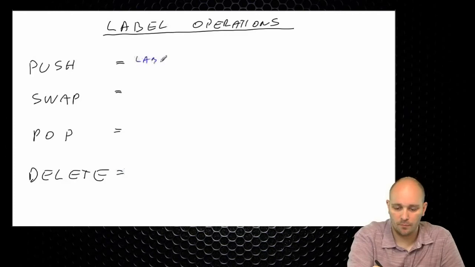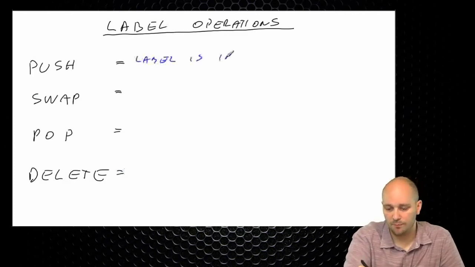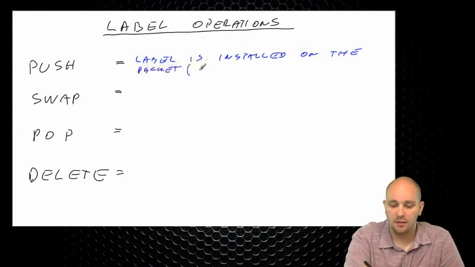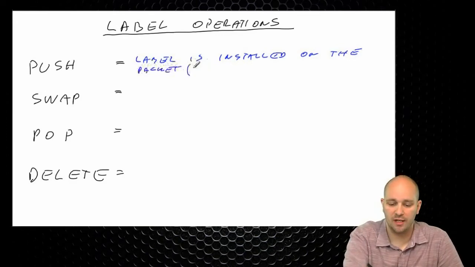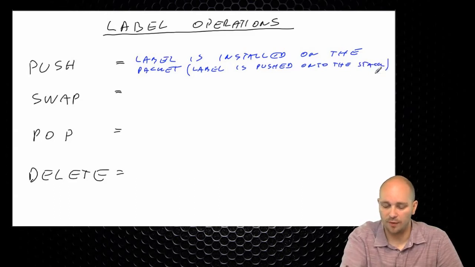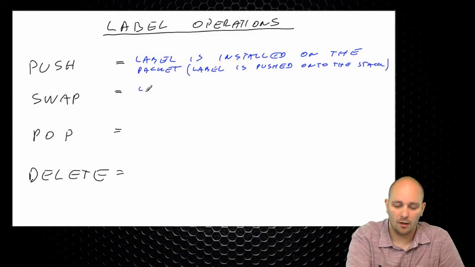Push: label is installed on the packet. Technically speaking, what this is called with the proper terminology is label is pushed onto the stack. And what this actually means will become a little bit clearer later on.